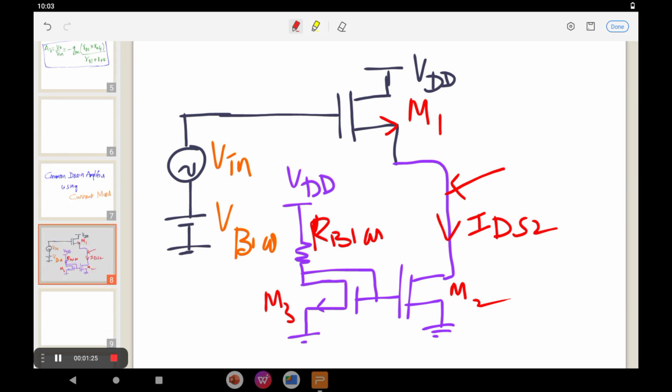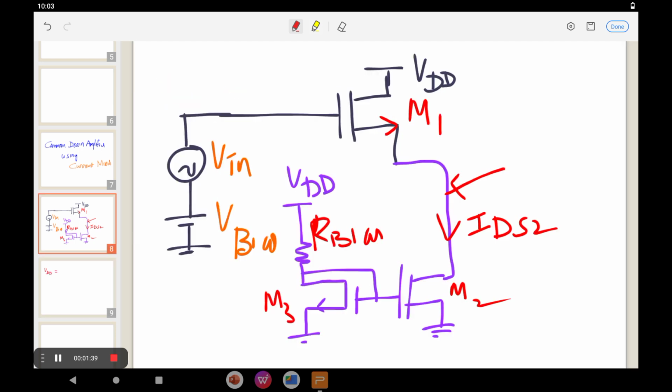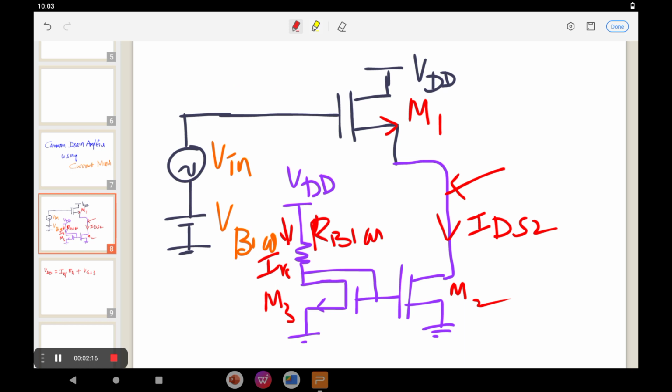At the same time, in terms of equations, VDD is equal to the current passing through this branch, which is generally called the reference current, into the biasing resistance, plus the voltage produced at VGS. So VDD is equal to I reference into R biasing plus VGS3, the gate-to-source voltage of the M3 transistor.